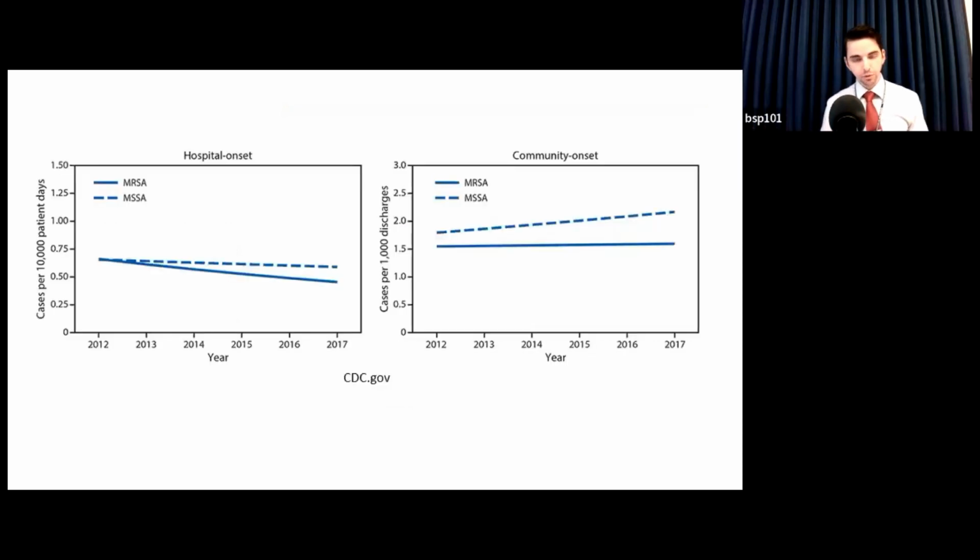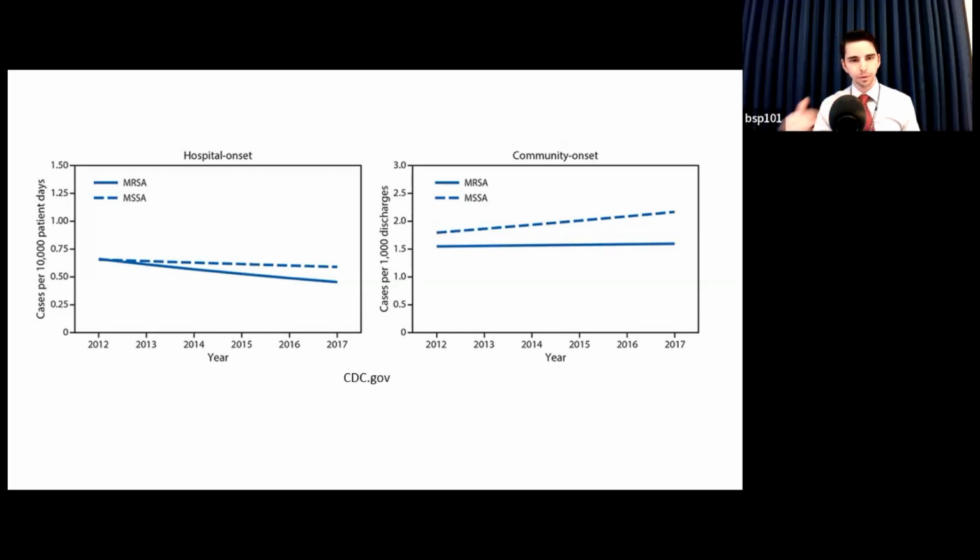This is data also from the CDC and the National Health Safety Network. It's acquired from EHR review, including Cerner. The only cases that have really decreased in the past decade are MRSA bloodstream infections that are nosocomially acquired.